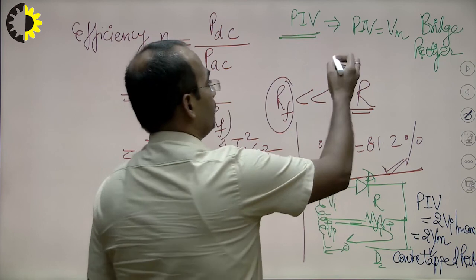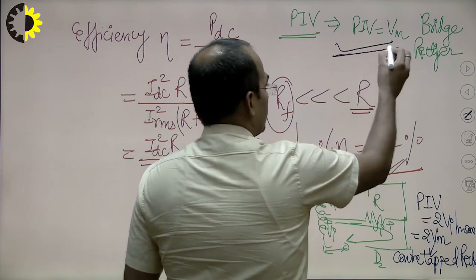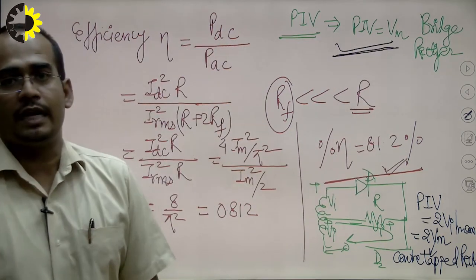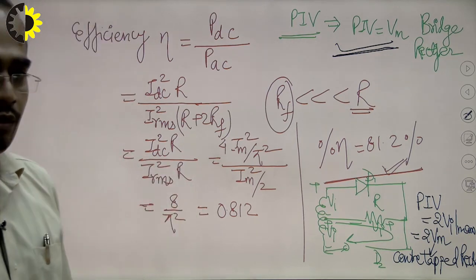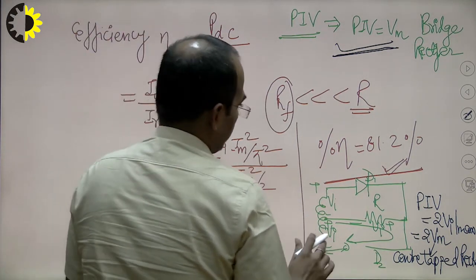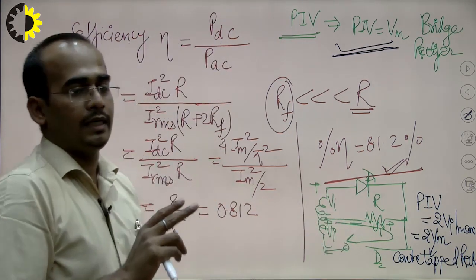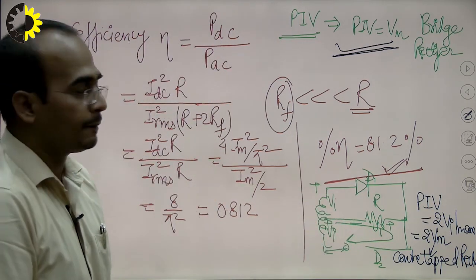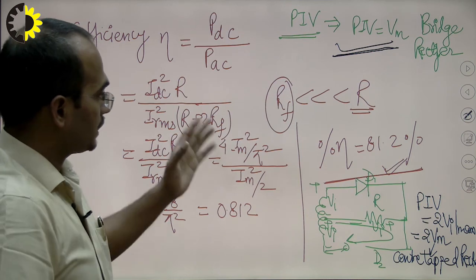But in case of the bridge rectifier, I can use a normal diode which has a peak inverse voltage of Vm. So this is all about the center tap rectifier and the full wave bridge rectifier. I have discussed all the parameters.